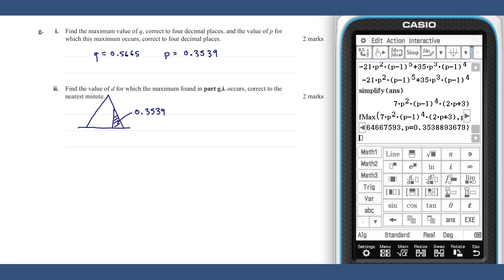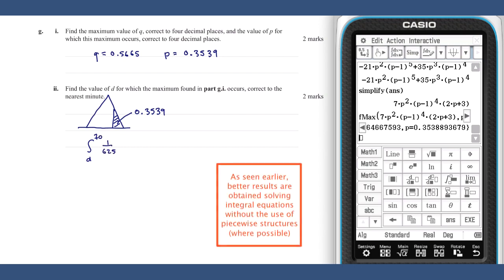Hence, we need to solve the integral equation d to 70 of 1 on 625 by 70 minus t dt equals 0.3539, a p-value.